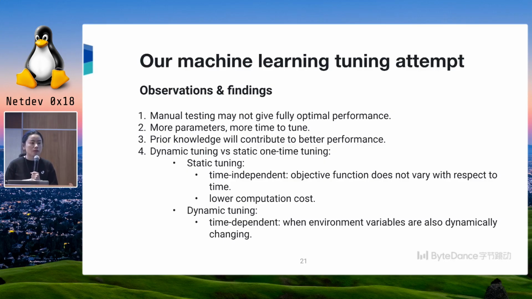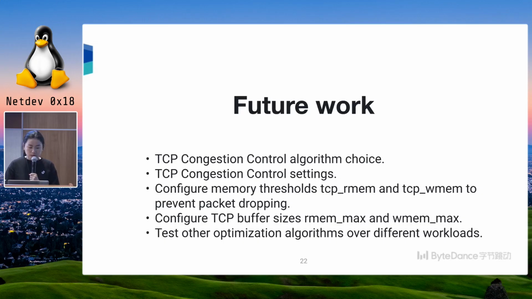We also have the alternative of dynamic tuning. Its benefits show especially when the environment variables keep changing. But of course, that gives us a higher computation cost. Okay, so that's for the machine learning results and findings. We will also have some future work.